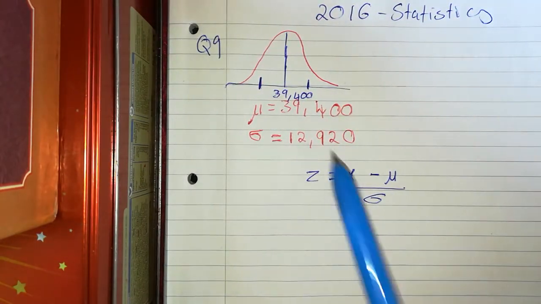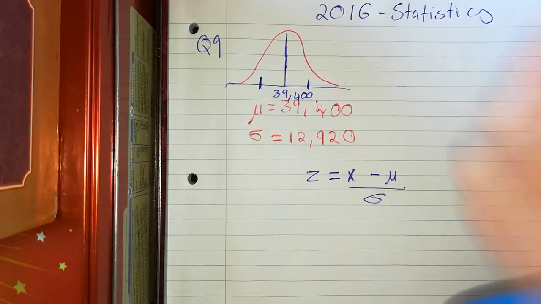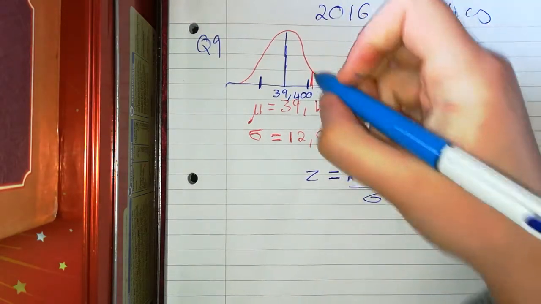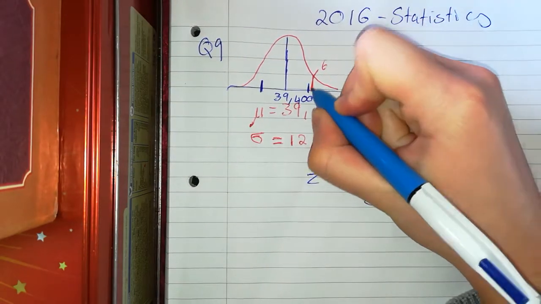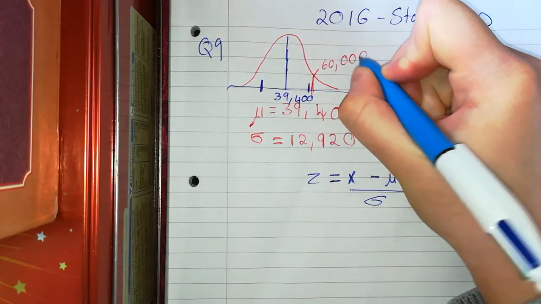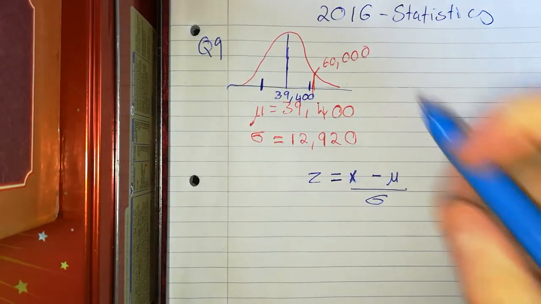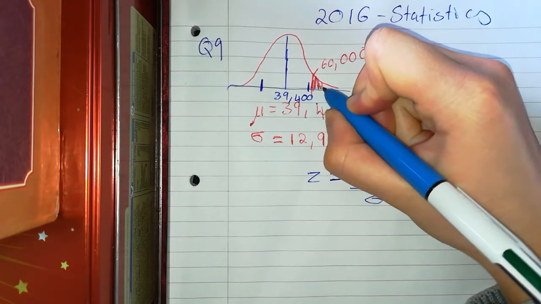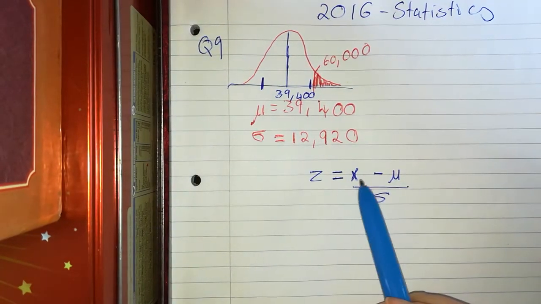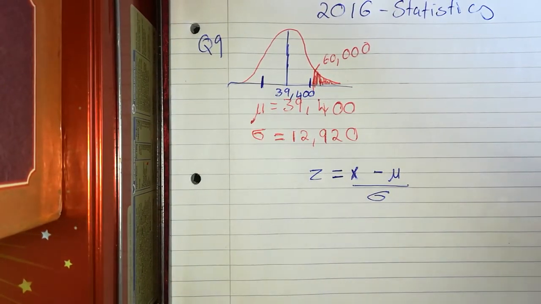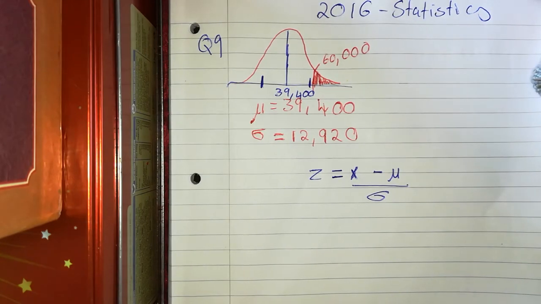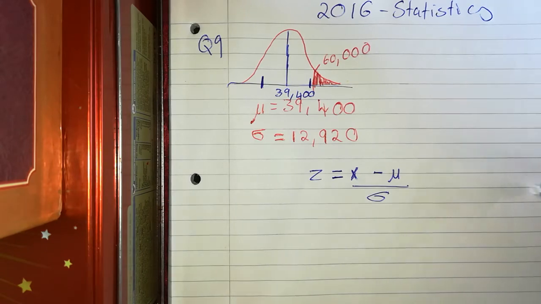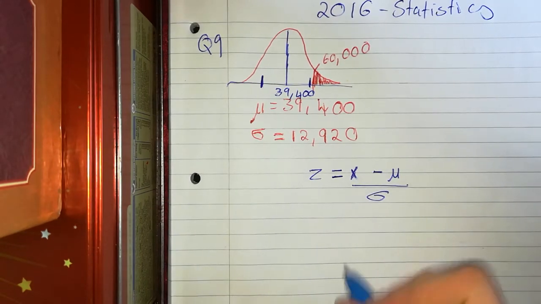Say this is 60,000 here. I want to get the percentage of full-time workers who are up here. So I'm going to get the Z value for 60,000, and then figure out what's the percentage above 60,000.